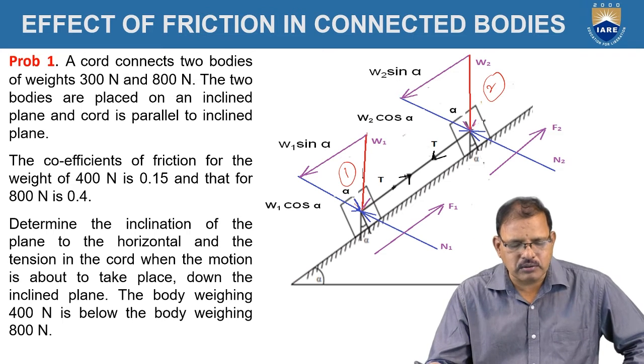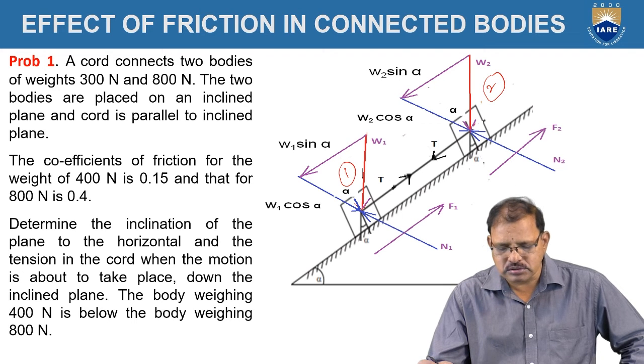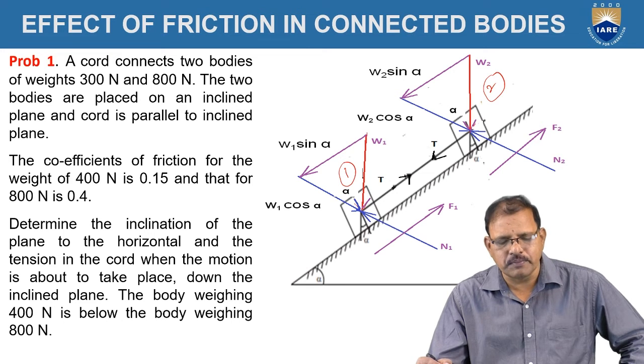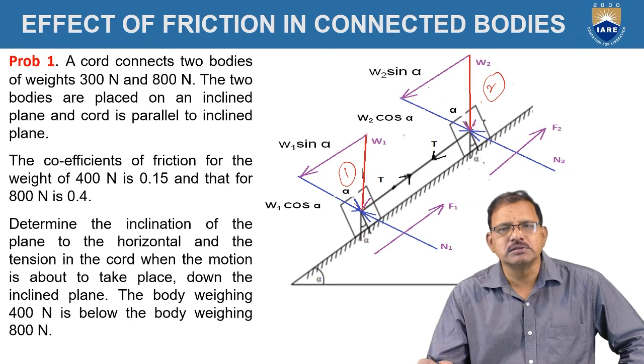Okay, now I'm taking one problem. A cord connects two bodies of weights 400 and 800 newtons. The two bodies are placed on the inclined plane and the cord is parallel to the inclined plane. The coefficient of friction for the 400 newton weight is 0.15 and for the 800 newton weight is 0.4.